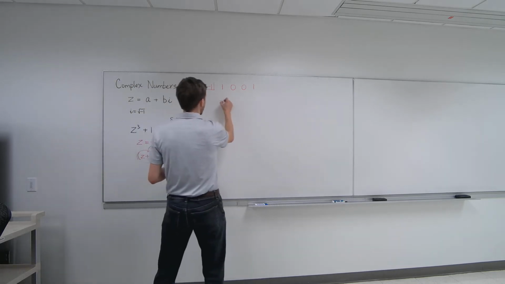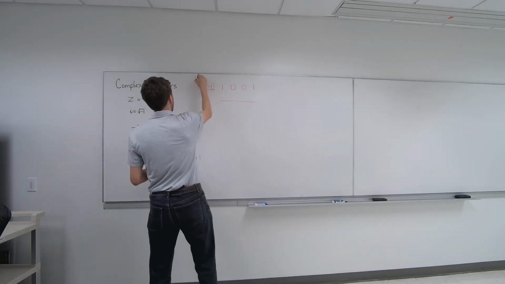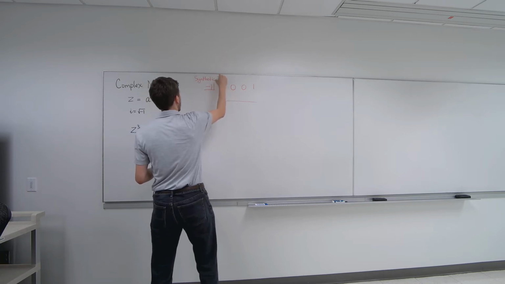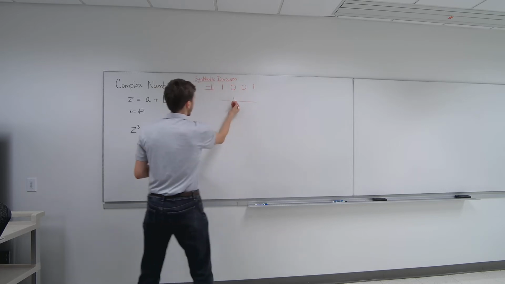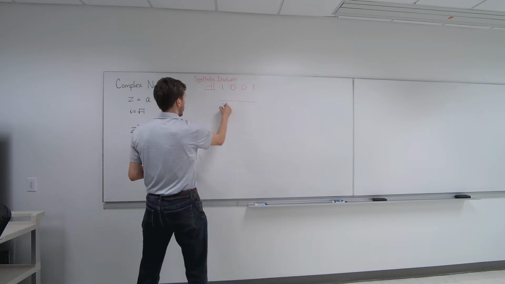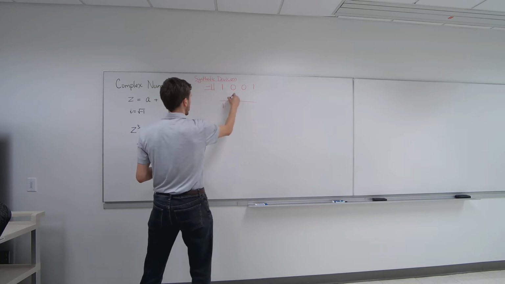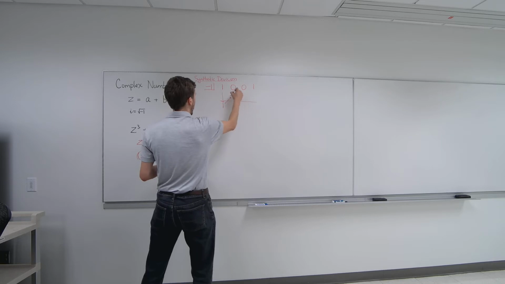Well, this is called synthetic division. There's also long division. With synthetic division, bring the 1 down, multiply by -1, and you get a -1. Add these up, bring this down. What's -1 plus 0?